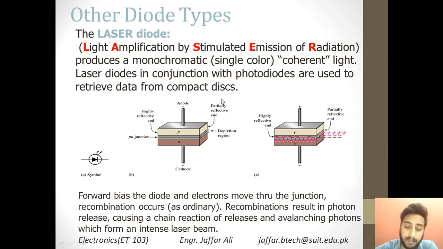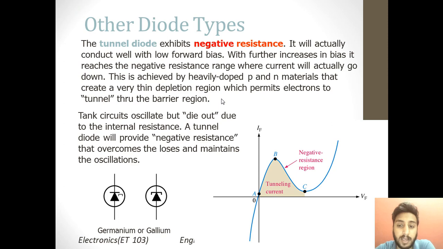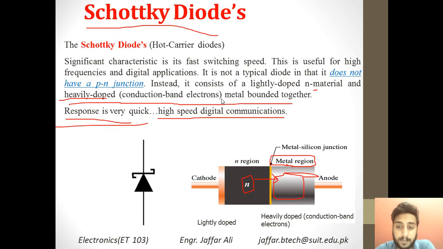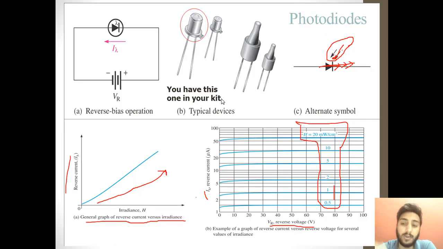As I told you in the previous diagram of the photodiodes, if you want to increase the current, you have to increase the intensity of light that is striking it.